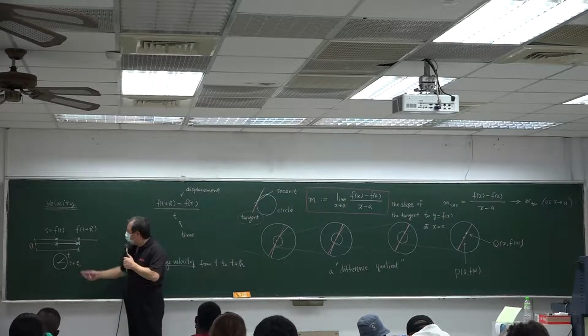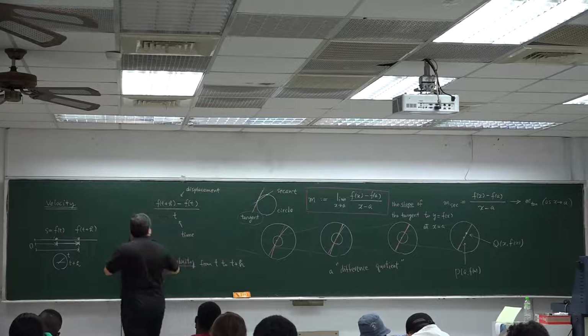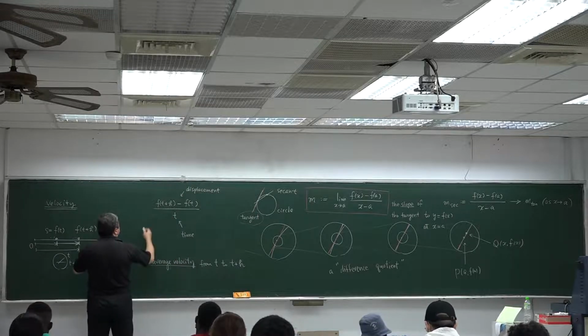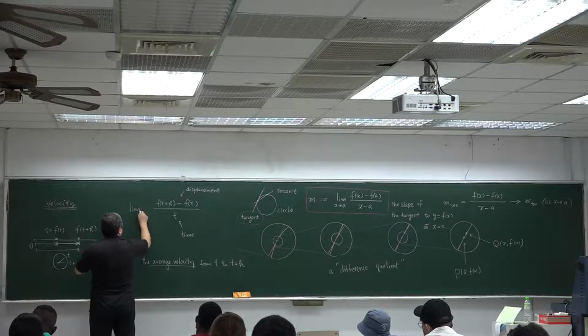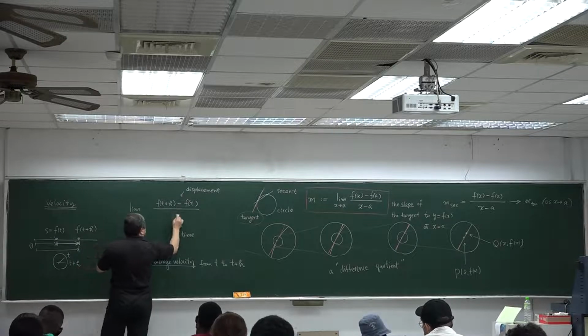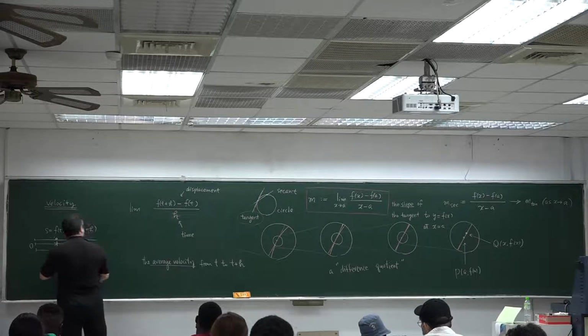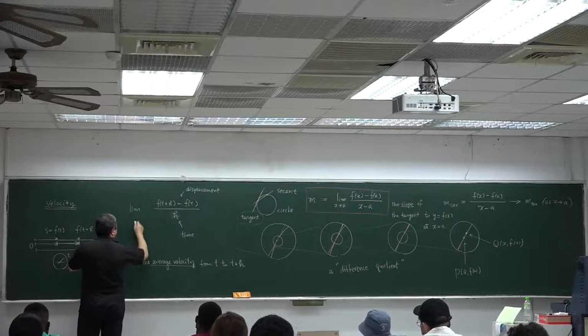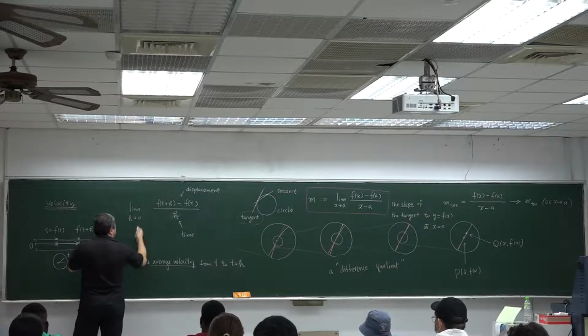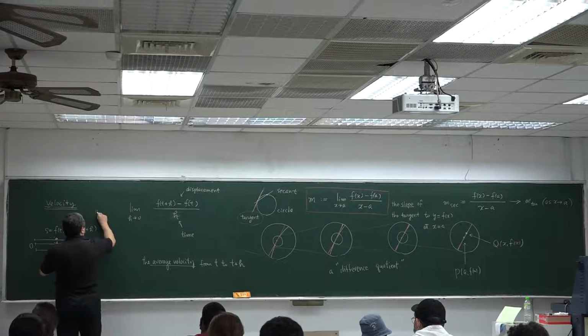Of course, if you consider h very small, sometimes this limit exists. The difference of these two numbers is h. Suppose this limit exists, then we define this as v of a.